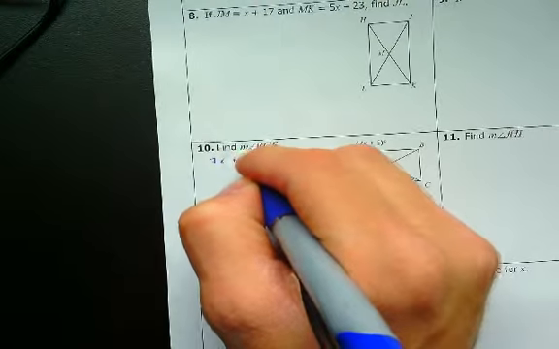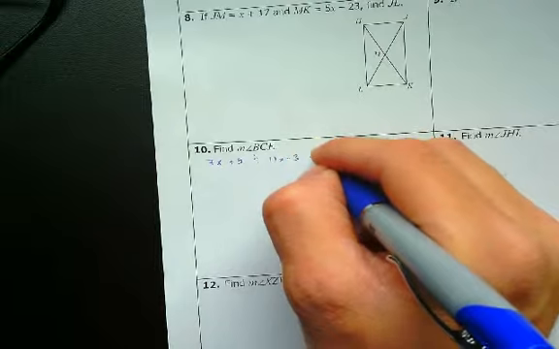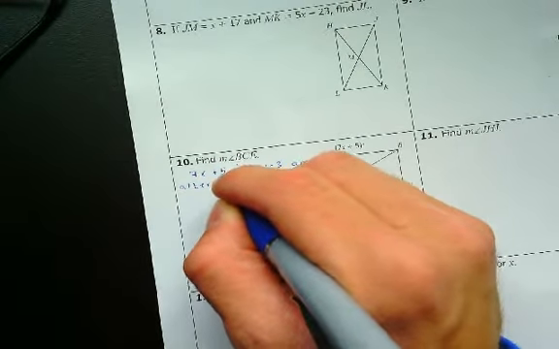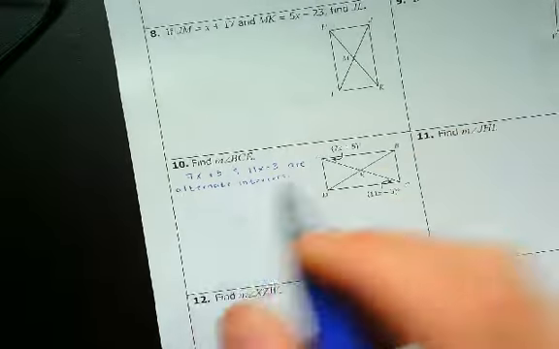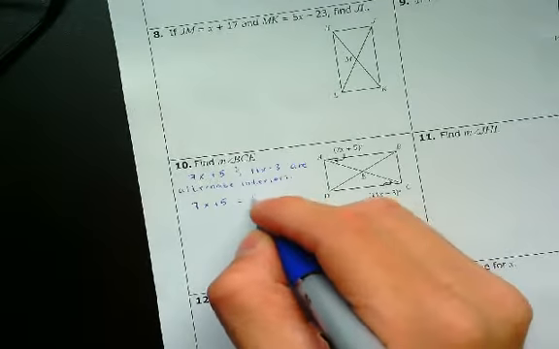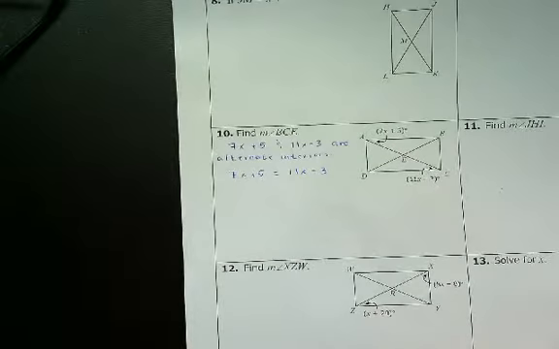So I'm going to say 7x plus 5 and 11x minus 3 are alternate interiors. Okay, so that means they're equal. 7x plus 5 equals 11x minus 3.